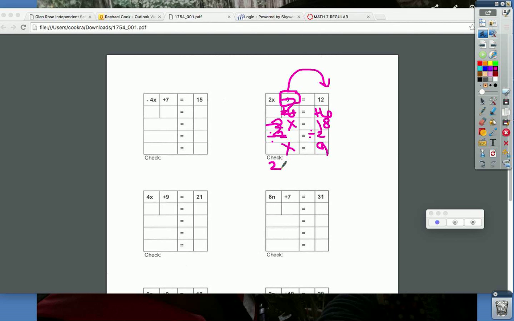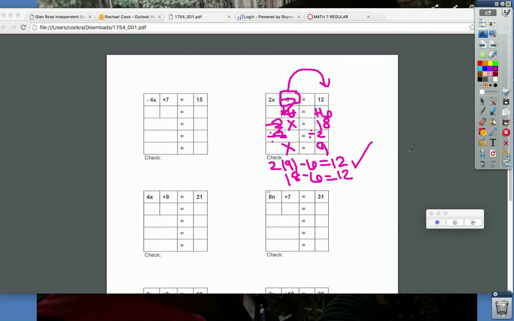So we have 2 times x, and x is 9. So I'm going to put times 9 minus 6. You're using the original equation when you check. Equals 12. And so 2 times 9 is 18. And 18 minus 6 equals 12. So we solved that one correctly.